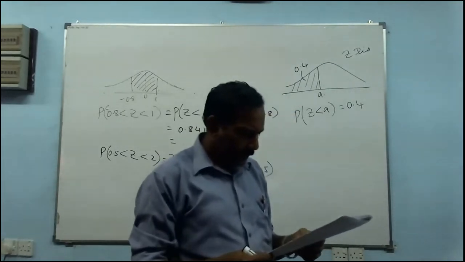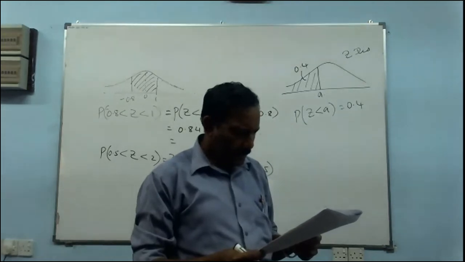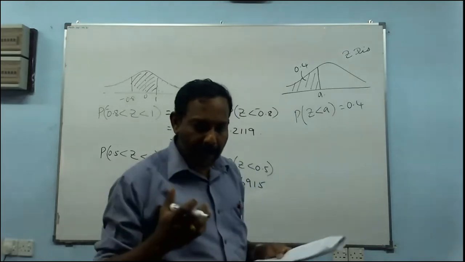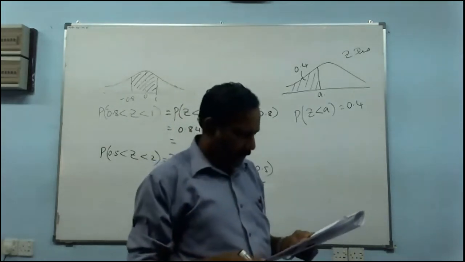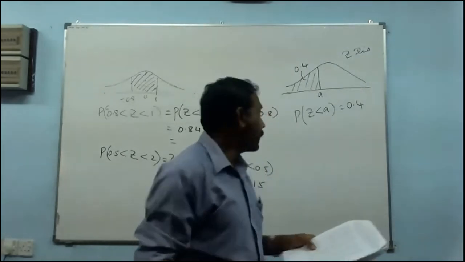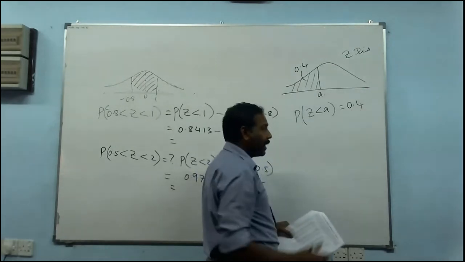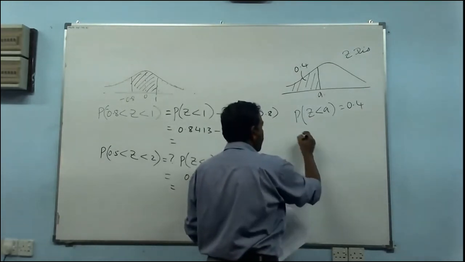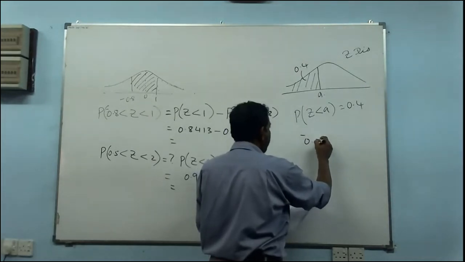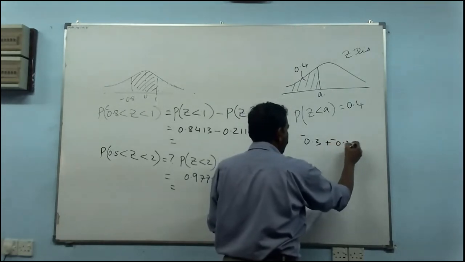Closer to what? Anyone? Minus 0.3, 0.25. In between, tell me what are the in-between values? Minus 0.3 and minus 0.25. Exactly. Because we don't get the exact probability here, we are getting values in between minus 0.3 and minus 0.25.